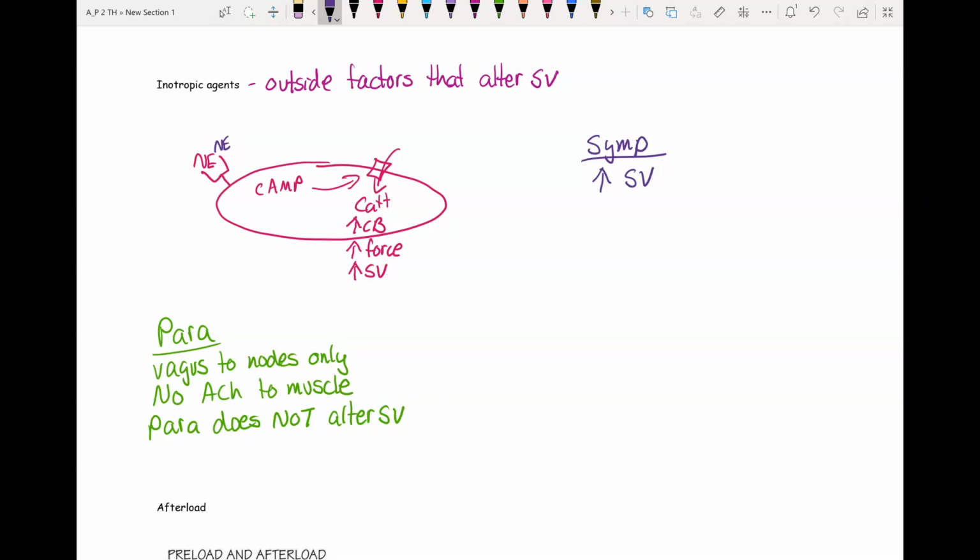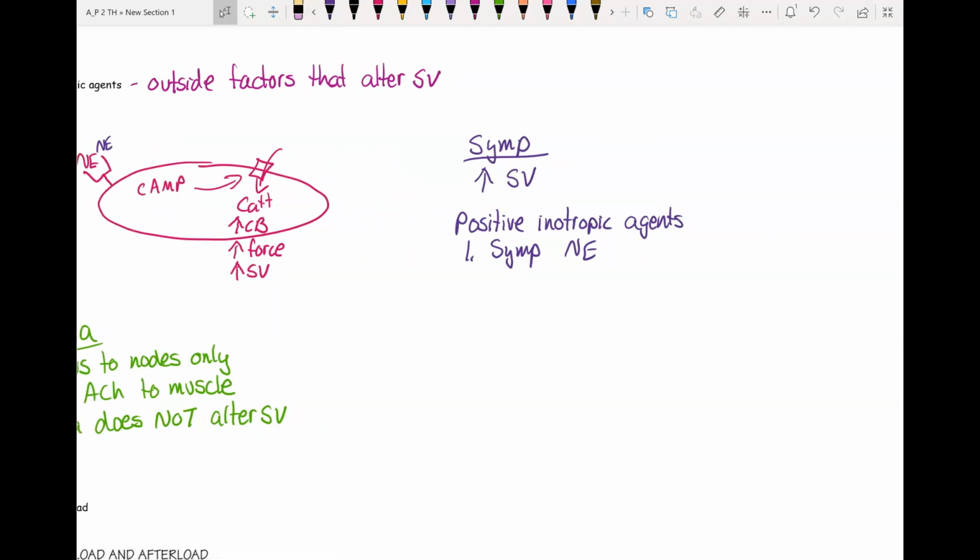So when it comes to inotropic agents, sympathetic is a positive inotropic agent. So we're going to have sympathetic, the norepinephrine. Because of this whole cycle, it binds to the beta receptor, activates cAMP, lets calcium in, and you get more cross bridges.